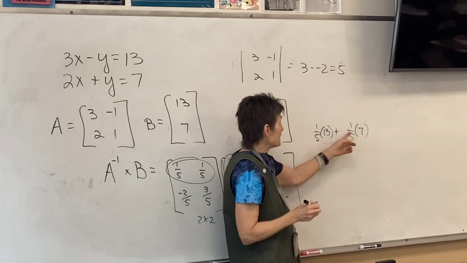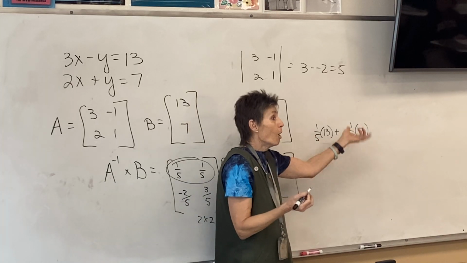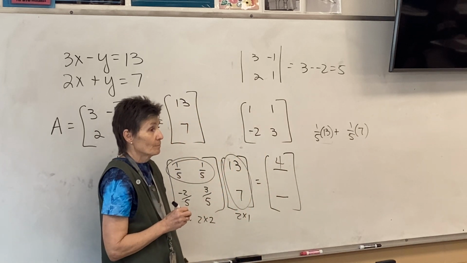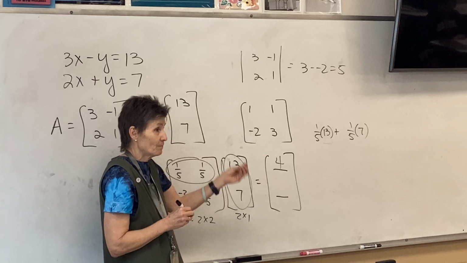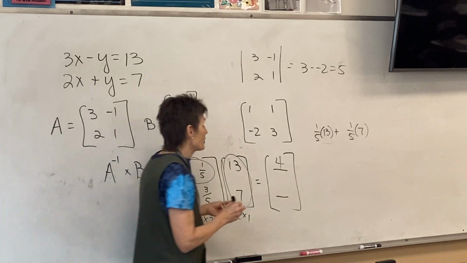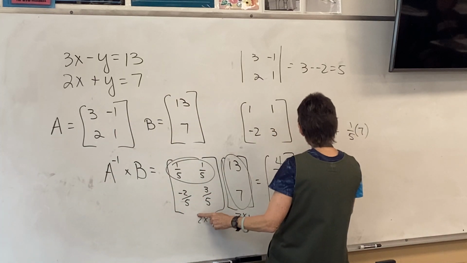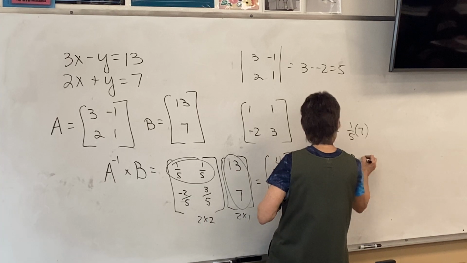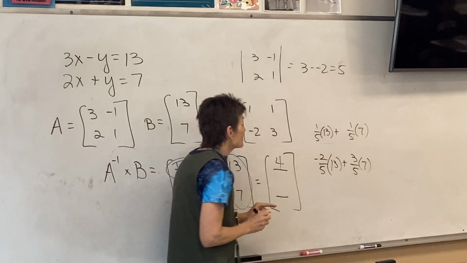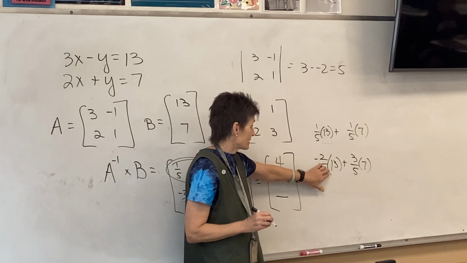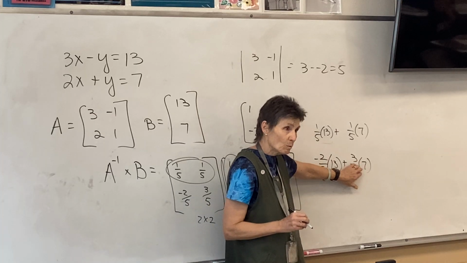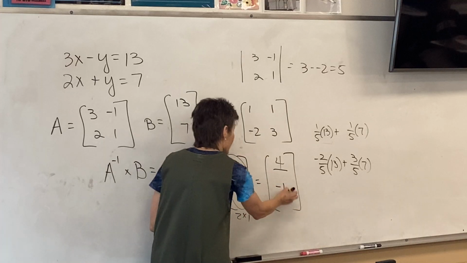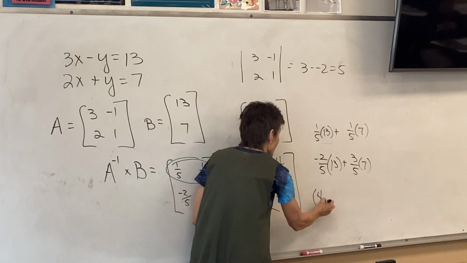So 13 plus 7 is going to be 20 over 5, that's going to be a 4. Because it's 13/5 and 7/5, that makes 20/5. And then we have negative 2/5, 3/5 times the 13 and the 7. That's negative 26, positive 21, negative 5 over 5, negative 1. So your answer is 4, negative 1.